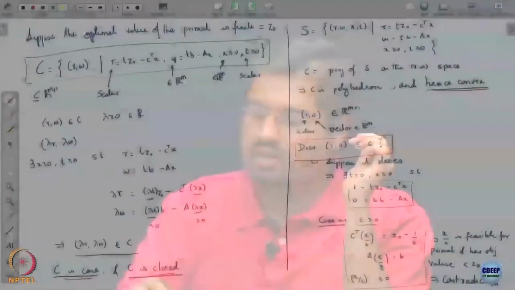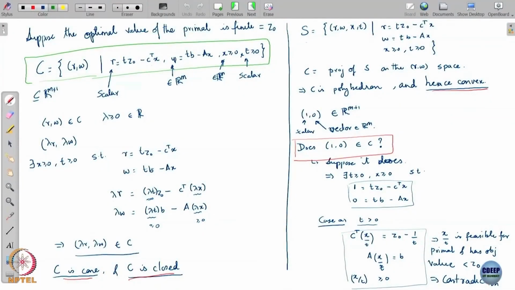Now, you might wonder how someone thought of this particular set, how they thought of that particular point, etc. We will build the intuition for that later in this course or in the following lectures. The basic intuition is to remember that this set C is actually nothing but the projection of this set S, the set S that I have shown here.